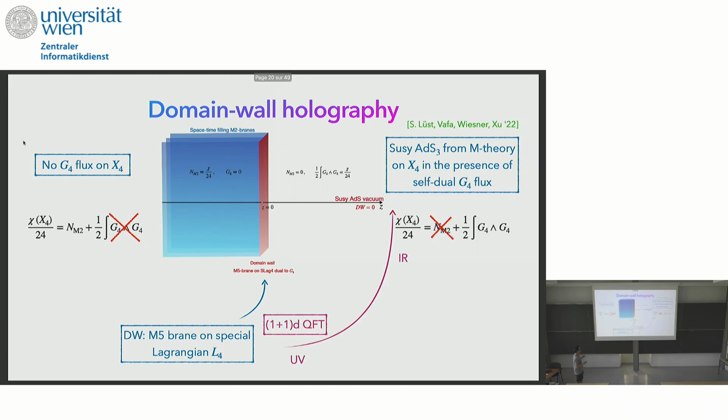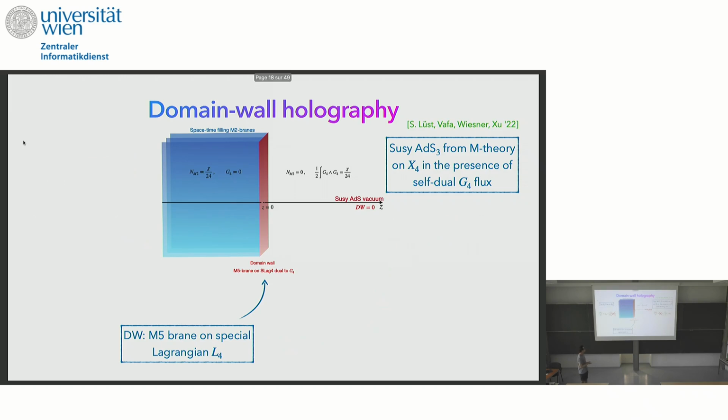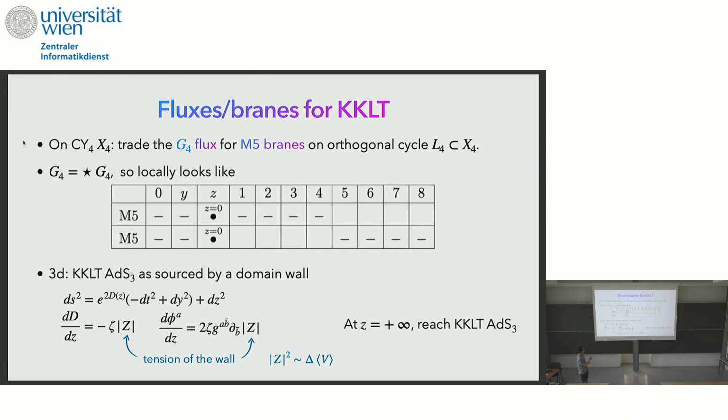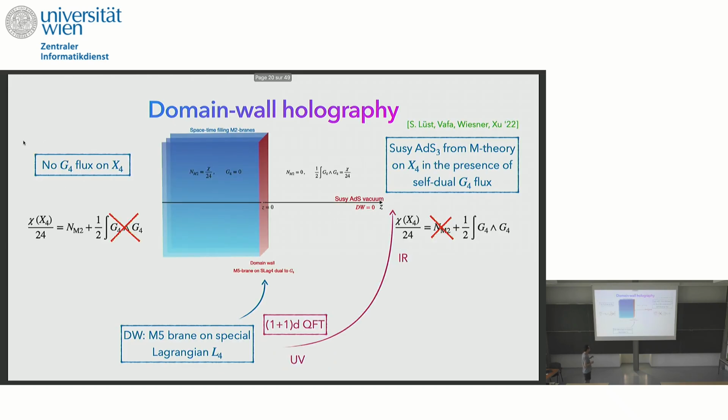If you look at the world volume theory of the M5 brane, if you remember well, there was one common direction between the M5 branes. So there is a 1+1 dimensional effective quantum field theory in the UV, which is supposed to flow in the IR to the CFT that is dual to the supersymmetric AdS3.